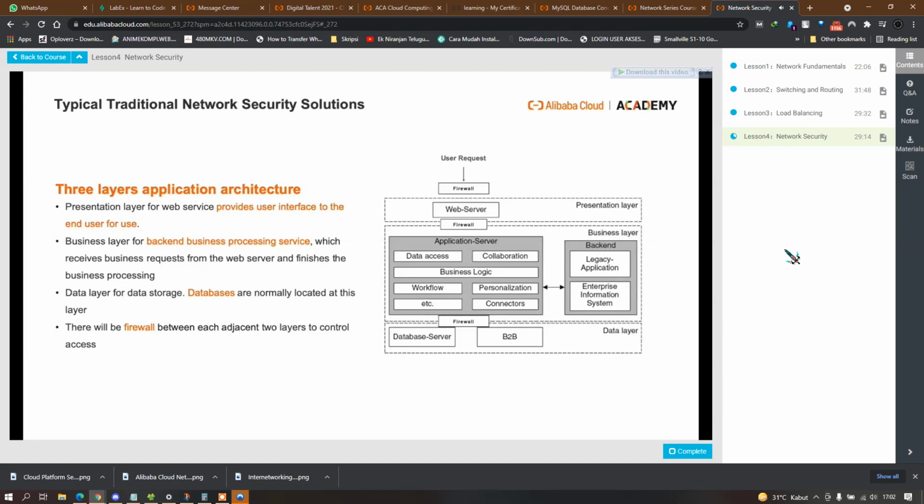For example, even if the web server on the presentation layer is attacked or has been accessed by some malicious visitor, there is a firewall that isolates the presentation layer from the business layer. Then we can protect the business layer from being attacked from the outside. So this is the architecture for the 3 layers of application.